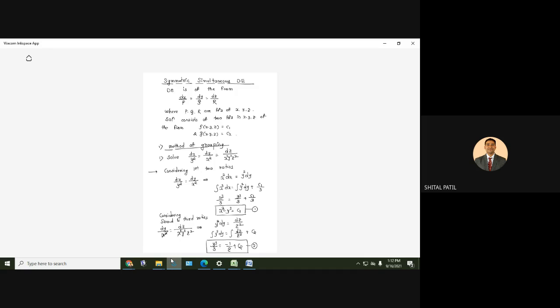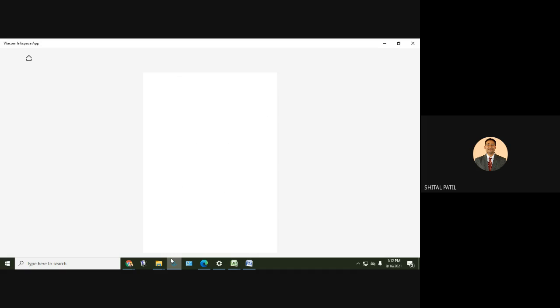Next example. Let me change the page. So, right, solve dx divided by y square z, dy divided by x square z and dz divided by x y square.